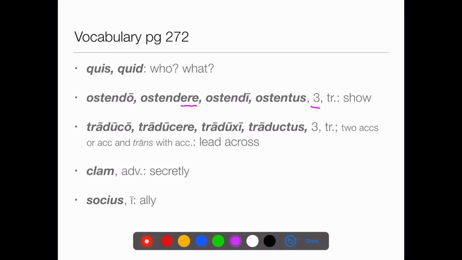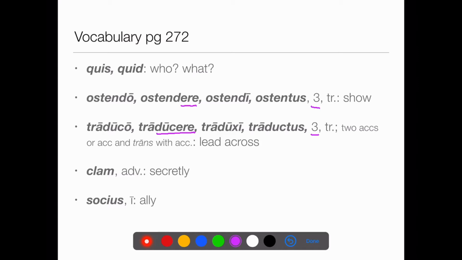You'll also see traduco, traducere, traduxi, traductus, and you notice that the ducere is in here and it follows the same pattern as ducere for conjugating it. It is also a third conjugation verb.